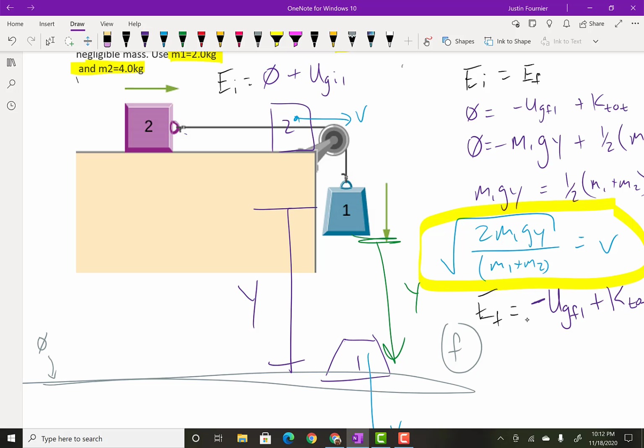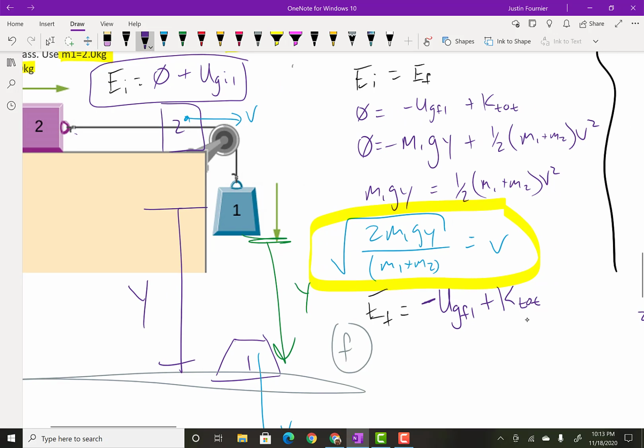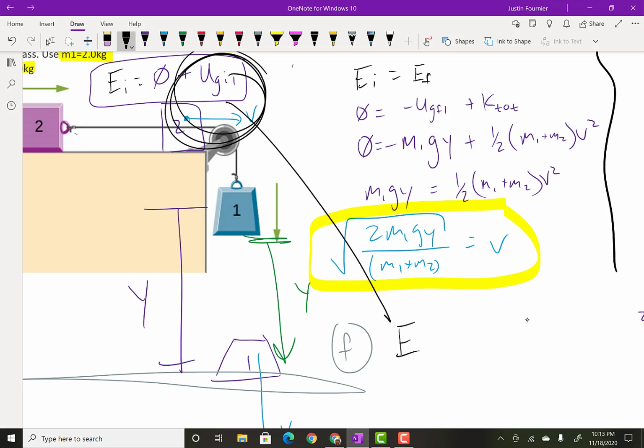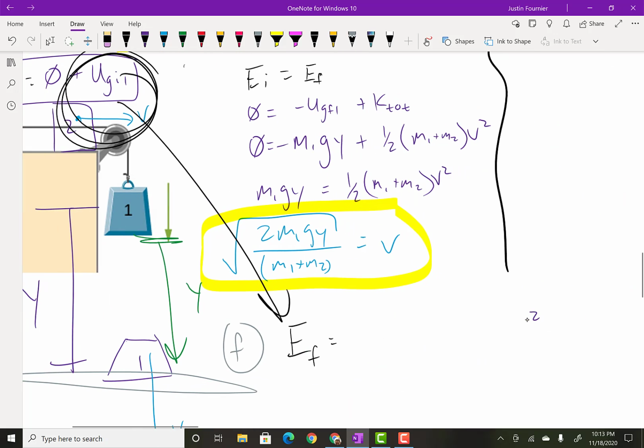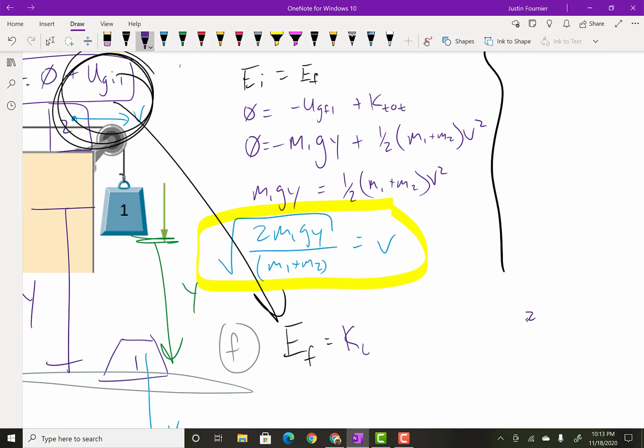And for the final energy of everything here, what's going to happen is the potential energy from here is going to turn into kinetic energy, because now object 1 reaches the 0 mark, so the potential energy is 0. So I don't really care about that anymore. All I have now is my total kinetic energy at the end.